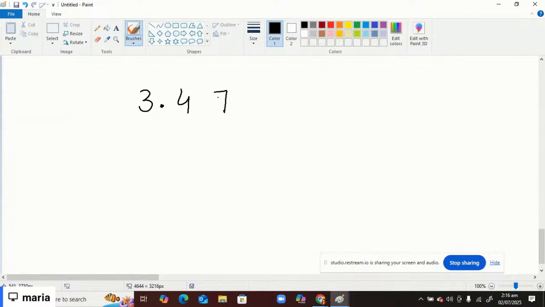But if it's 4 or less, you keep the tenth digit as it is. All digits after the tenth place are dropped. Understand? Now, how can we solve 3.47?